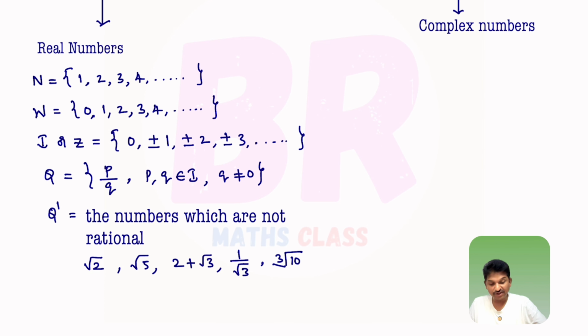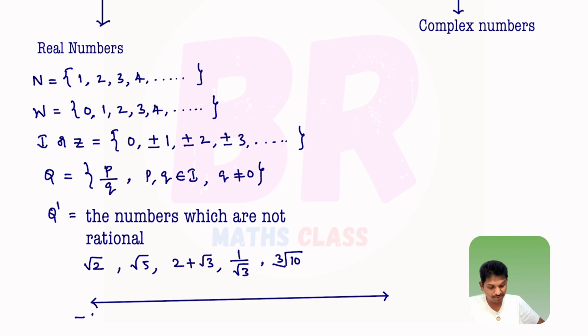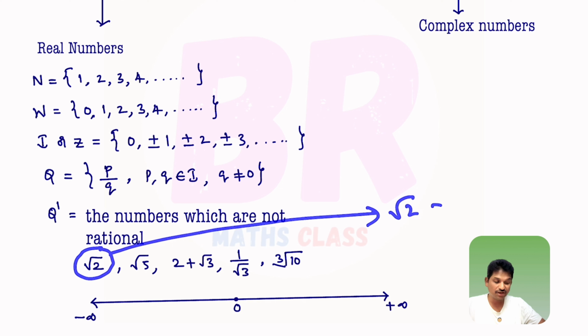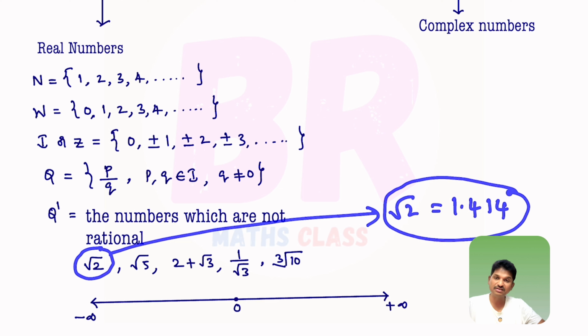For example, we are discussing real numbers, right? On the number line, from where to where will the number line be? From minus infinity to plus infinity, the number line will be there. Here 0 will be there. Suppose 1.414. See, if you check the root 2 value, it is 1.414. In JEE level, we'll remember this, right?